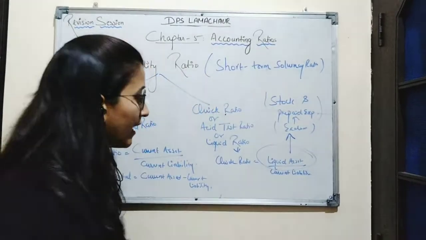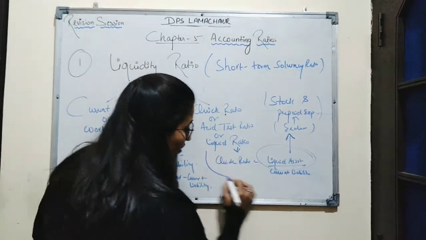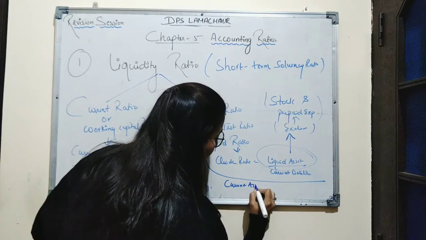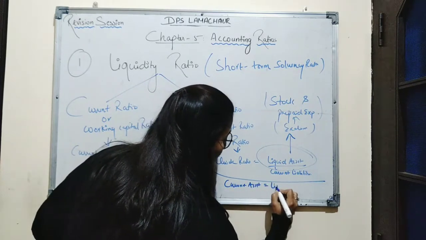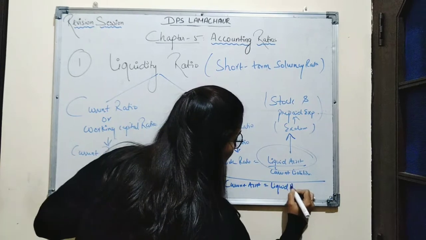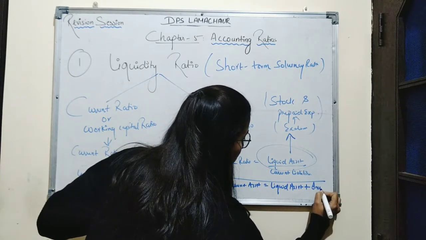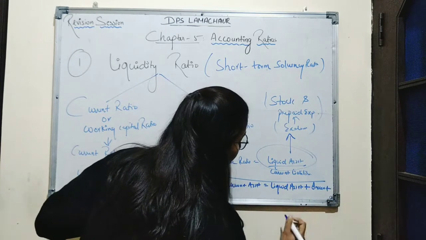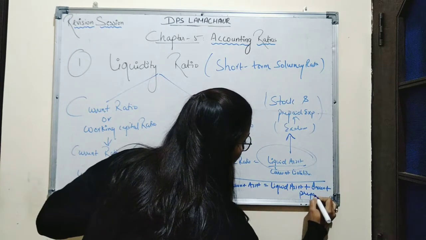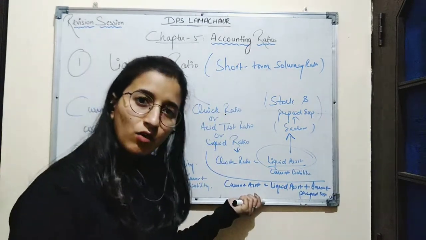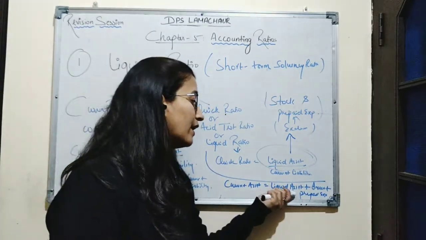So we can say that current asset includes liquid asset plus inventory and prepaid expenses. This formula can also be used to calculate the liquid asset.